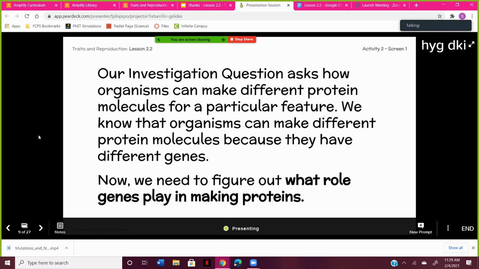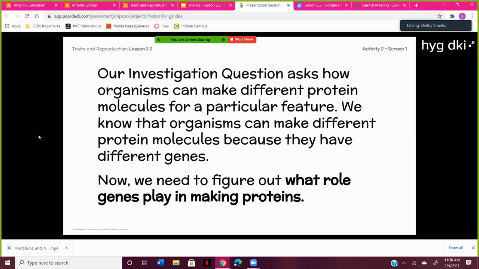All right, so our investigation question, what I just showed you a second ago, asks how organisms can make different protein molecules for a particular feature. We know that organisms can make different protein molecules because they have different genes. So we all have different amounts of genes that do different things, like make our hair color, our eye color, our skin tone, something with our muscles, how we heal.